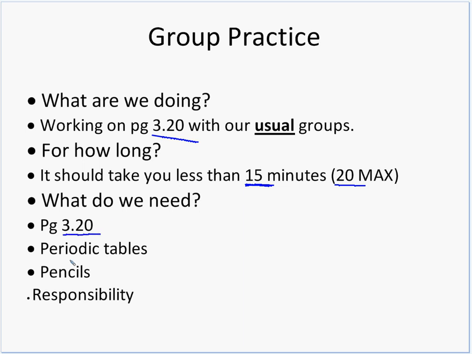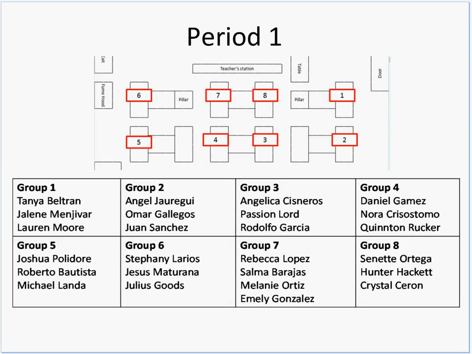You need to bring page 20, your periodic tables, pencils, and you need to be responsible. Let's keep in mind it's all about the learning. I'd be very disappointed to hear that you're goofing off in my absence. Okay, so here are the groups if you've forgotten. It'll switch every 5 seconds.